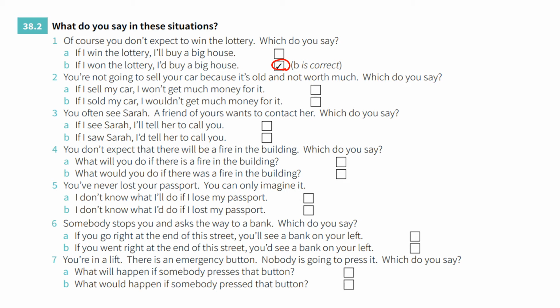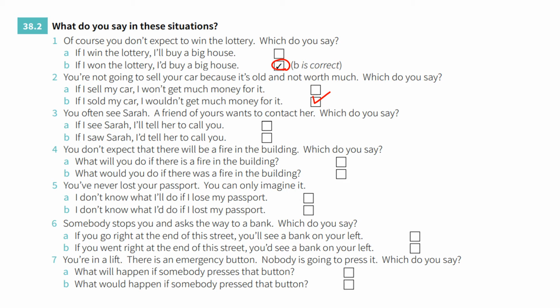What do you say? If I sell my car, I won't get much money for it. If I sold my car, I wouldn't get much money for it. Yes, B is correct. If I sold my car, I wouldn't get much money for it.